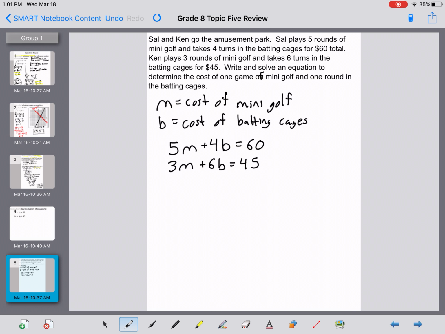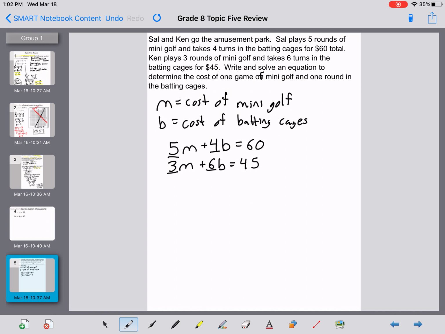Now, since each variable has a coefficient with it, I'm going to solve this one using elimination. I look at my variables. The M, I have a 5 and a 3, so they're not the same. The B, I have a 4 and a 6. They are also not the same. So I'm going to multiply to get one of the variables to be the same.